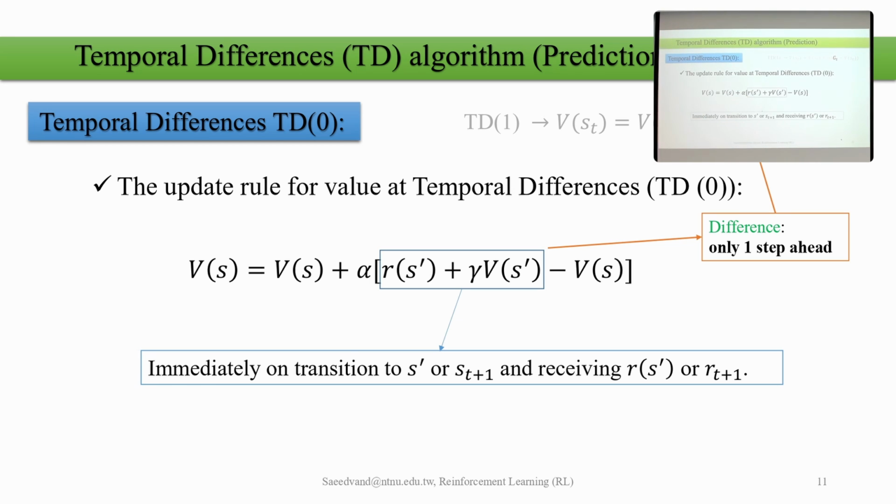Simply, we say value of S is equal to, again, value of S added by the learning rate times the reward of S prime added by gamma value of the S prime, subtracted by value of S. So, instead of considering the whole GT, this time we are going to consider the discounted value of the S prime.